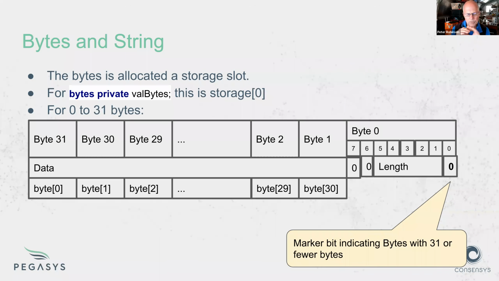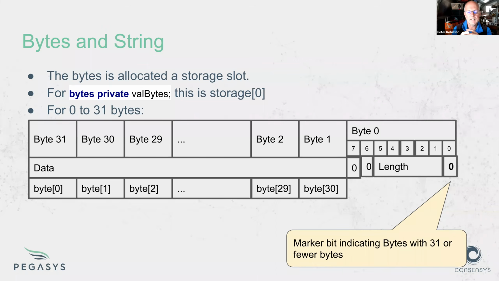And you'll have to excuse this diagram. A few people have pointed out that byte 0 off to the far right here should be as big as byte 1 and all the other bytes. So it's not that byte 0 has got more bits than byte 1, it's just that it was harder to draw it. But if you've only got 0 to 31 bytes, then your byte 0 has the bottom bit set to 0 to indicate this is a small number of bytes.